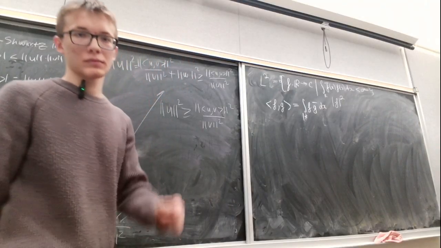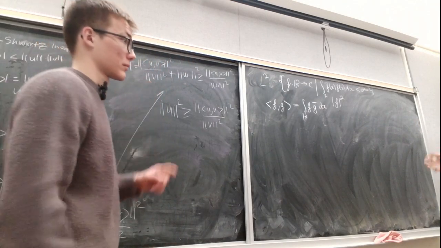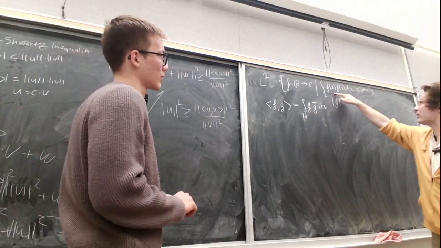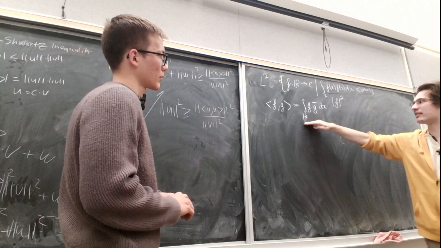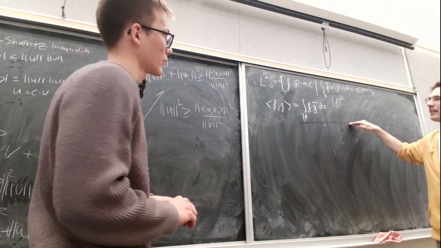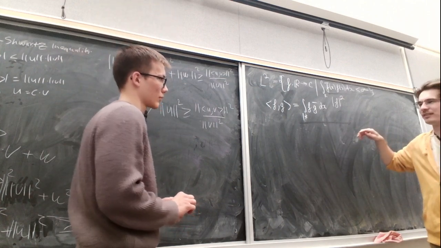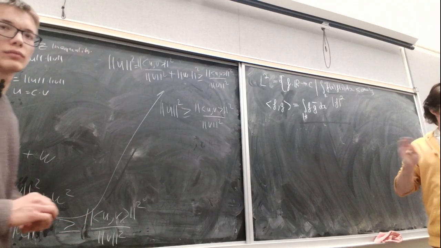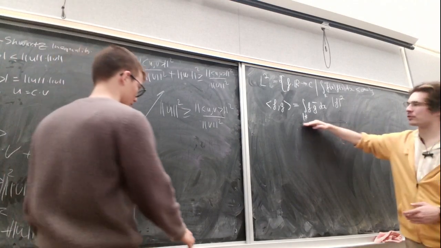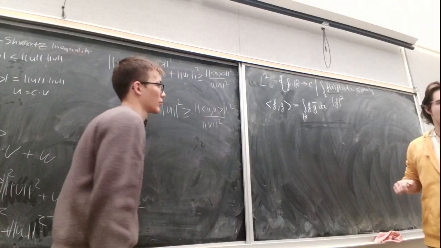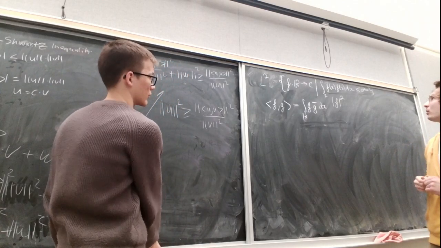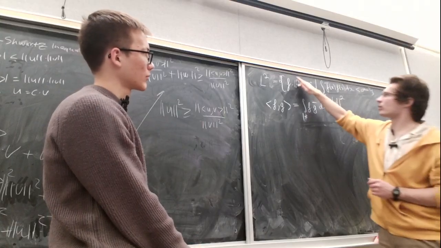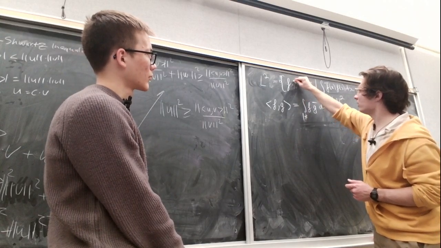Technically it would already be very annoying to prove that this being finite implies that this is finite. That would really be kind of equivalent to proving the Cauchy-Schwarz inequality for this. But suppose you knew that this was finite and well-defined and everything was nice. In fact, if you didn't want to prove that this was finite, you would, instead of R, do this on an interval, let's say from 0 to 1.